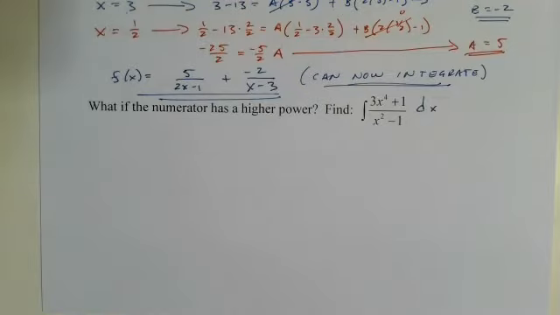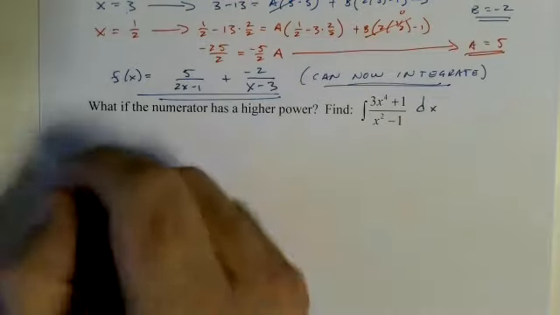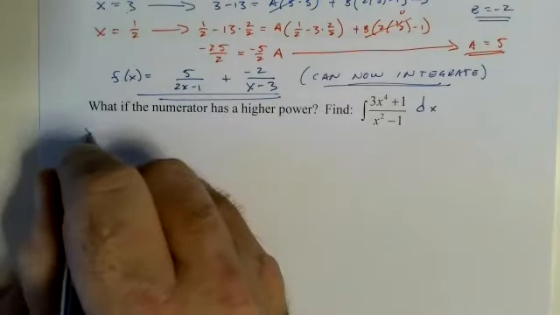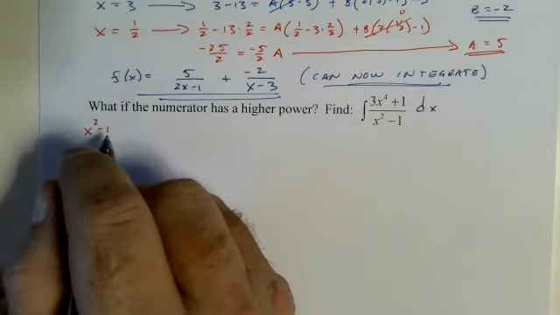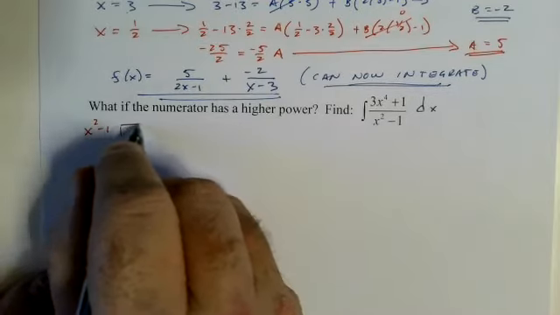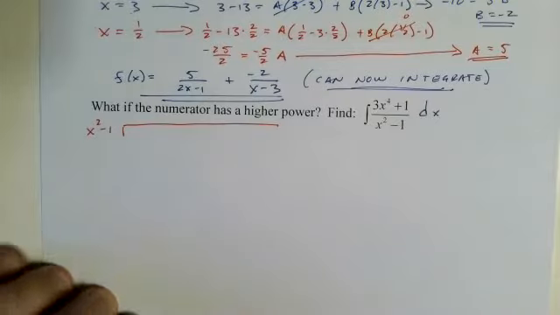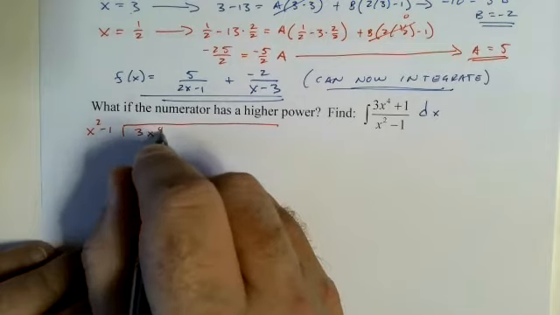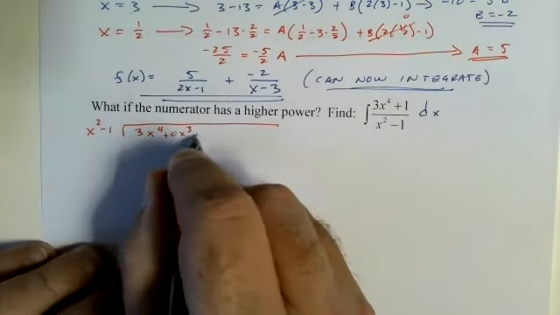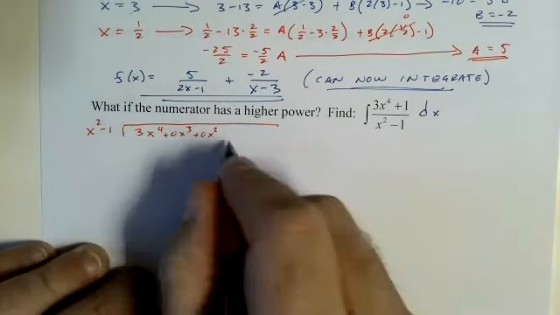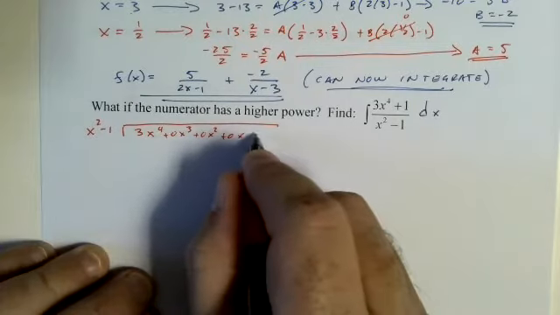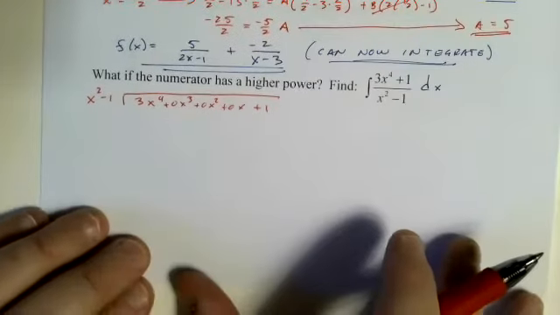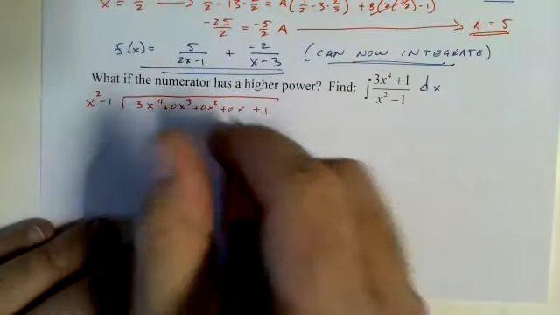So what if the numerator has a higher power? Oh, this is just lovely. I do have to say this is really fun because this is when I see my students scream. Yes, I can hear the screaming. x squared minus 1, 3x fourth divided by that. I got to write 0x to the third, 0x squared, 0x plus 1, because otherwise I'll screw it up. 3x squared.